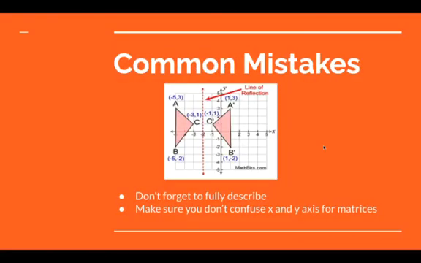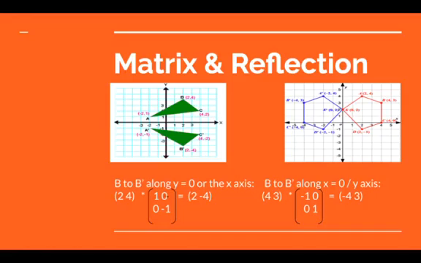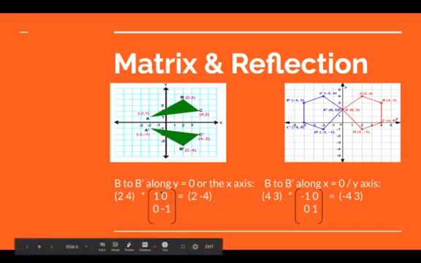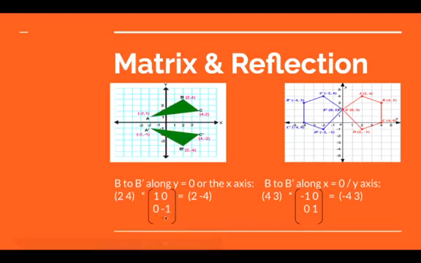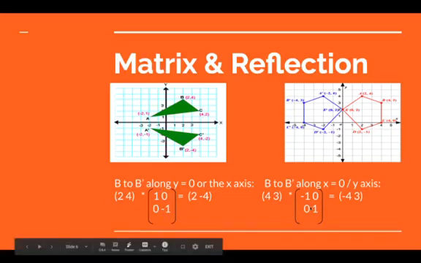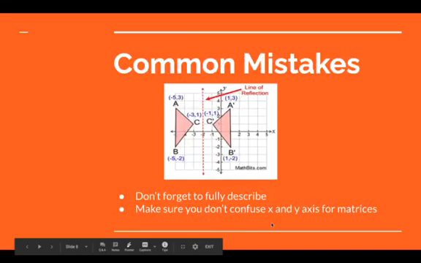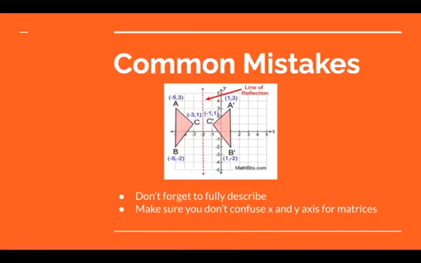Otherwise, there are other cases where you cannot use this trick because, for example, in this case our reflection line is y is equal to minus 2. And I kept saying matrices or matrix, but this is just a vector, so you're multiplying 2, 4 with this vector and 4, 3 with this vector. It is also important to note that you cannot use matrices in all cases of reflections.